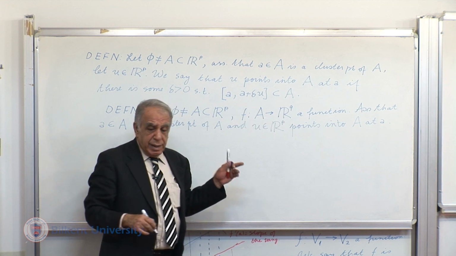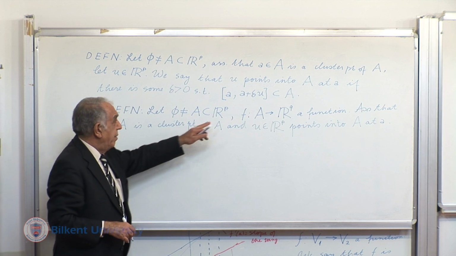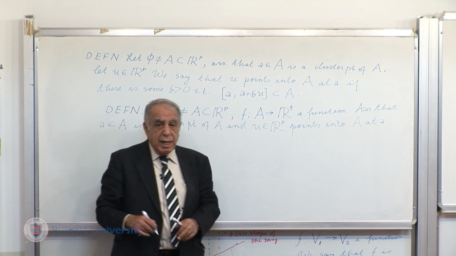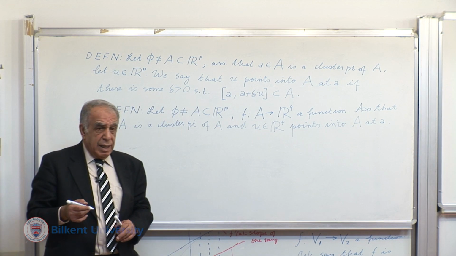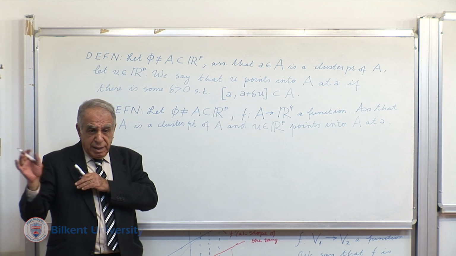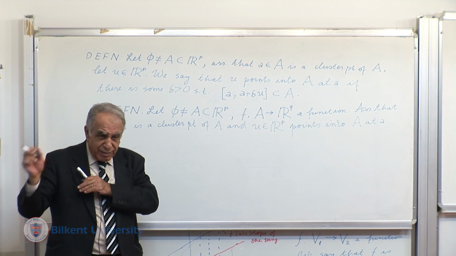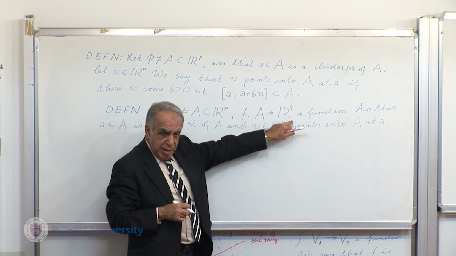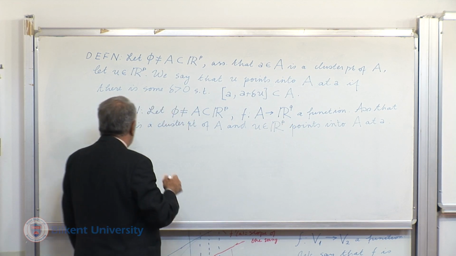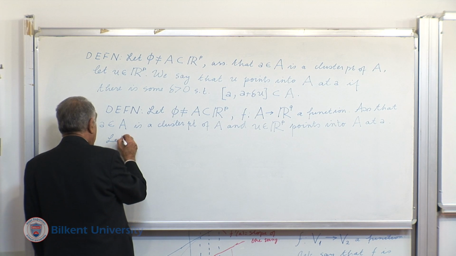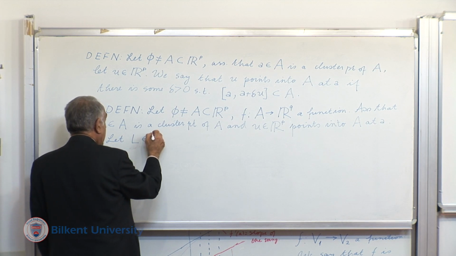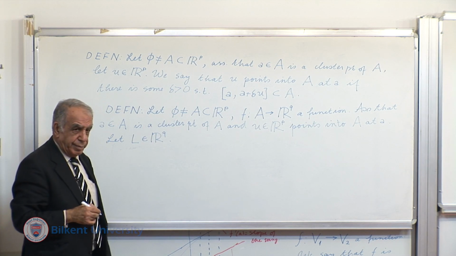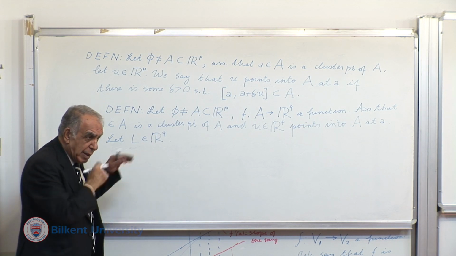Now, the directional derivative of f in the direction of u at a, in case that exists, in the calculus sense of the definition of a directional derivative, that will be a member of R^q. So also let me take L in R^q. So we have all the pieces.